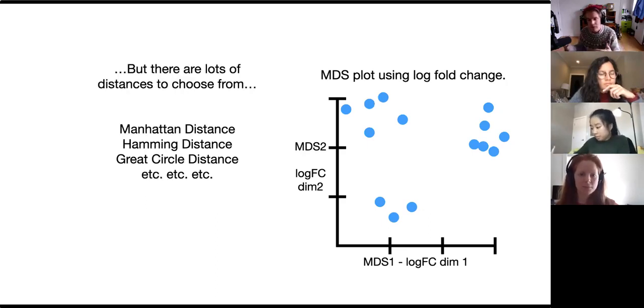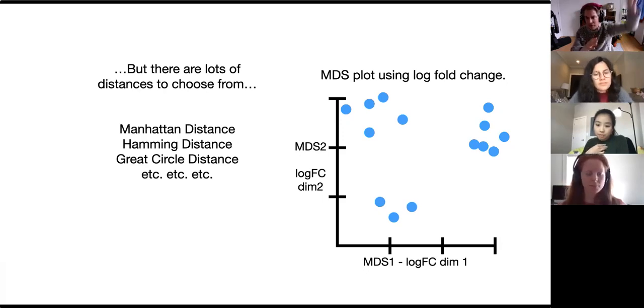However, if you're not a biologist or a geneticist, there are lots of other distances to choose from. For example, there's something called the Manhattan distance. Basically, assume you're in a city with city blocks and you can't go diagonal, you have to go up and over. The Manhattan distance is a sort of up and over distance.